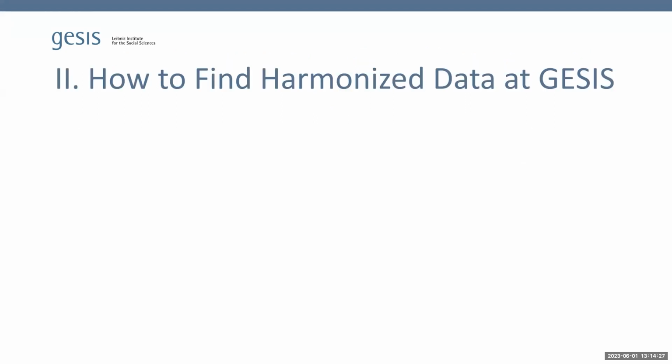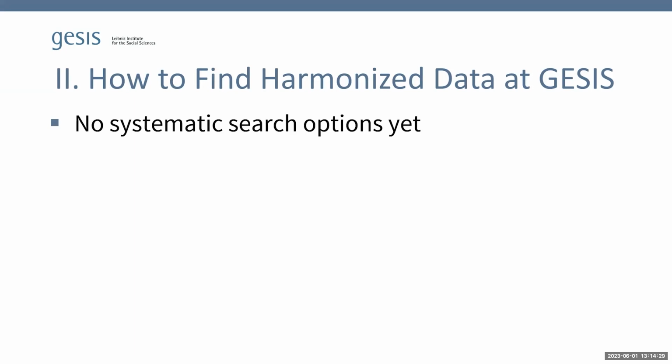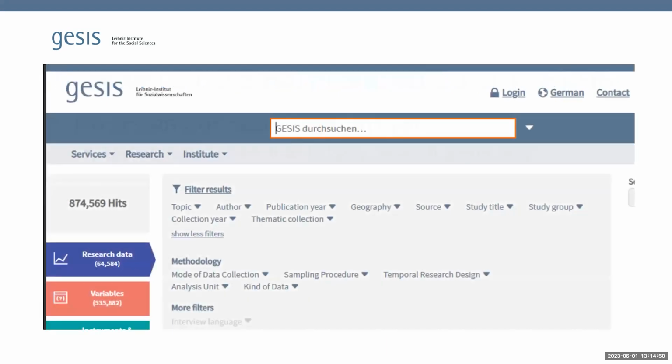Good. What do we have at GESIS? It's actually not that easy to find because we don't have like the data set description keyword harmonized data. But we do have an increasingly powerful search tool in place, which gives you filtering options.